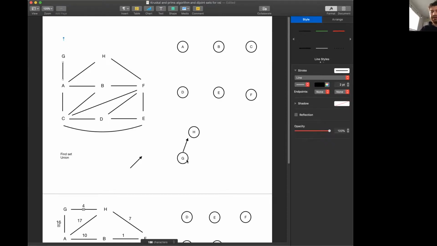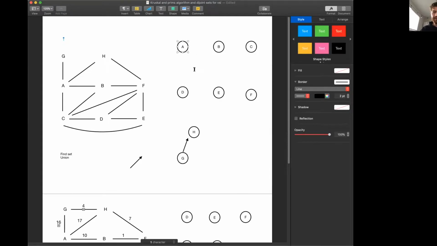The root of this disjoint set is H, so find set on G will give me H. What about find set on A? Here, calling find set on A should give me A, because A is the root of its disjoint set.